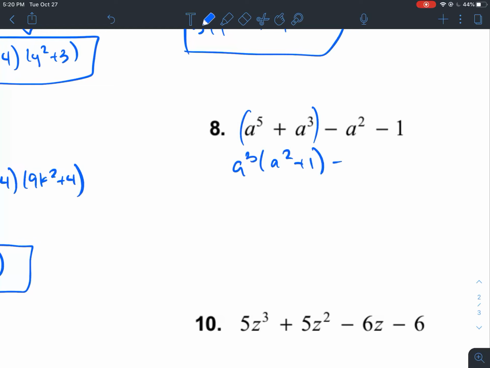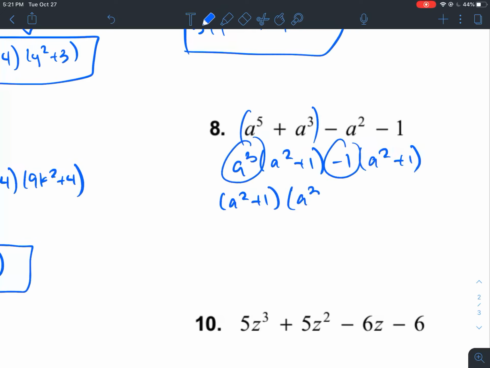Take out a minus 1, which is the only thing I can do, and again I'll have a squared plus 1. So they have a common binomial factor of a squared plus 1. So I'm going to take that out, a squared plus 1, and when I do that, I'm left with a cubed minus 1.